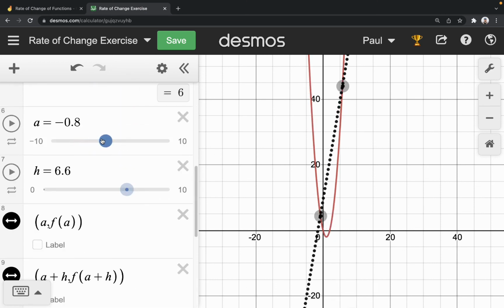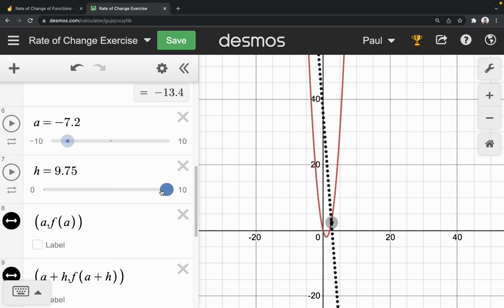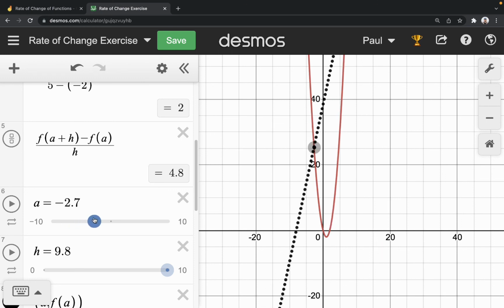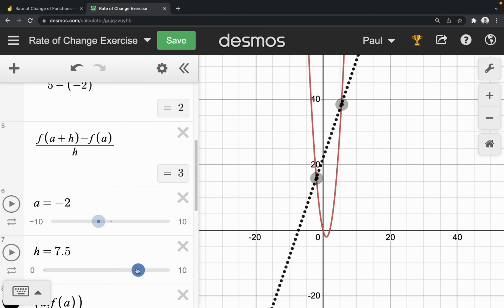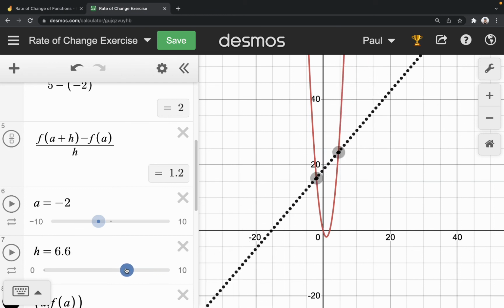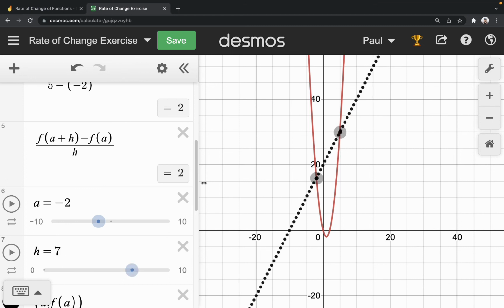I could set my initial point first, and then set the h, and it will automatically spit out that slope. So let's go back to -2, and h of 7.